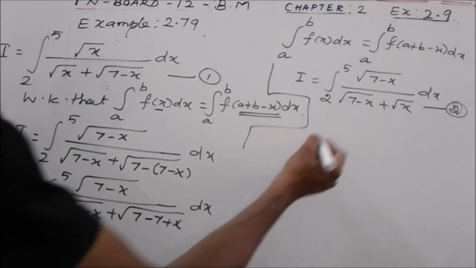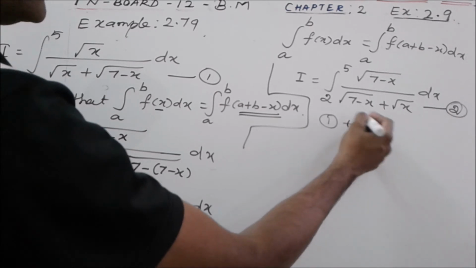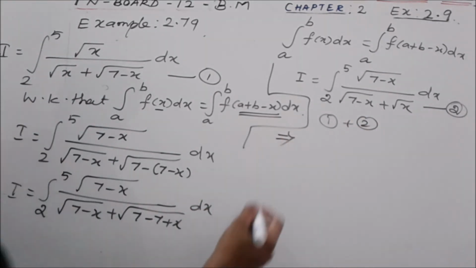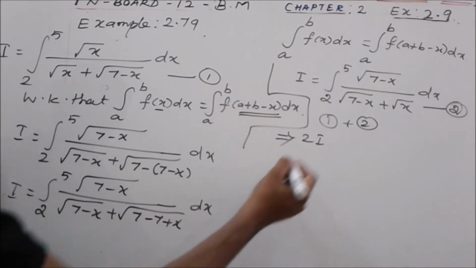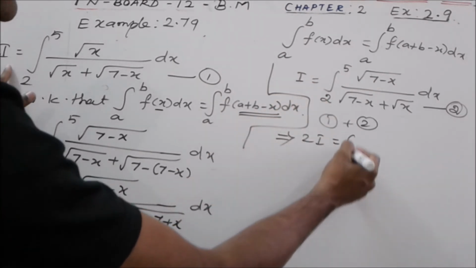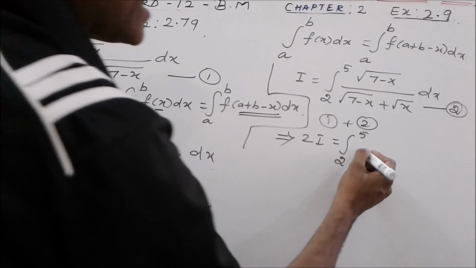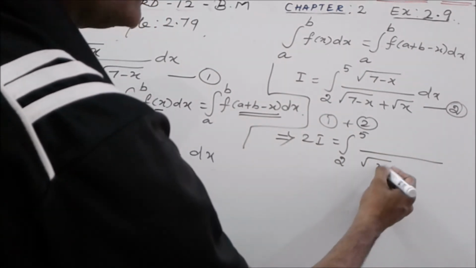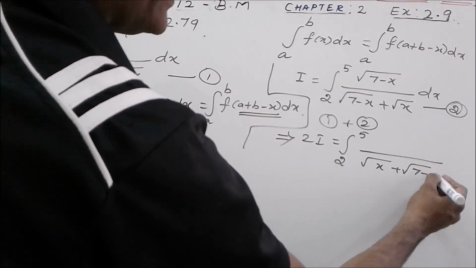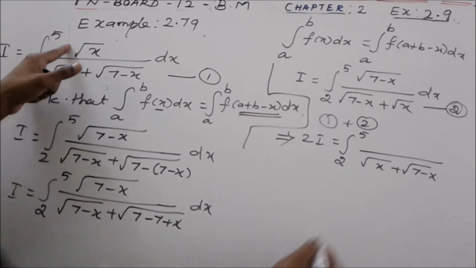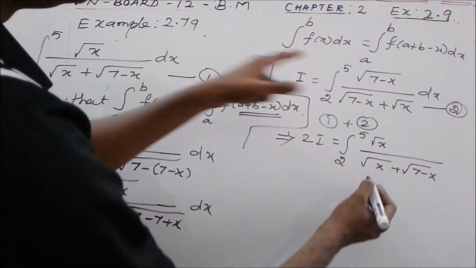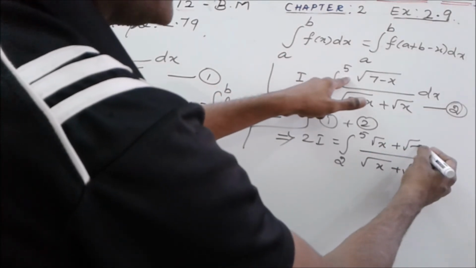So adding 1 and 2, 1 plus 2 implies 2I equal to I plus I, 2I equal to the integral from 2 to 5. When we add, take the denominator root x plus root 7 minus x. Here the numerator is root x and here the numerator is root of 7 minus x.